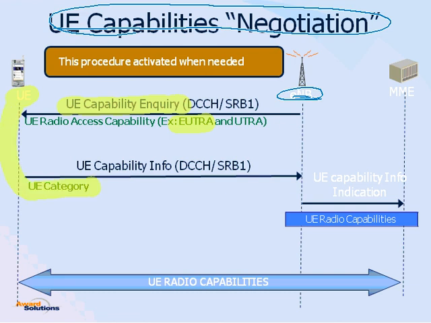In response, the UE will provide the categories. Let's say this UE says I'm category number 5. So now our eNode B knows what this UE is capable of. When it is trying to implement some QoS, it knows what it can really offer to the user. And we can provide the capabilities to the MME also, so the MME can keep a record of that.